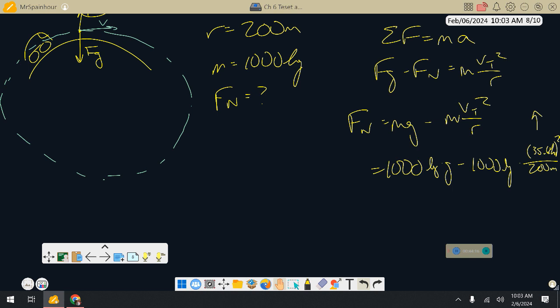Sometimes what I like to do to give myself context is I will do it exactly like this because it's a little bit more efficient, but I will still go back and check what is my acceleration centripetal. So in this case, acceleration centripetal is 6.34 meters per second squared.